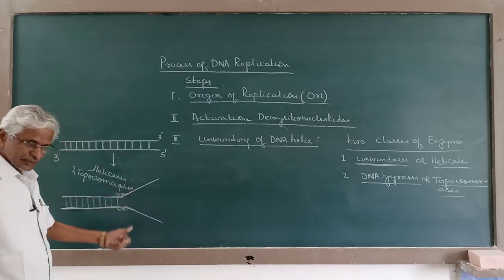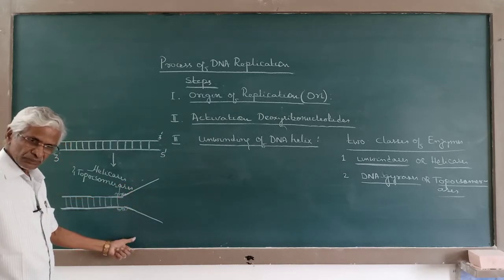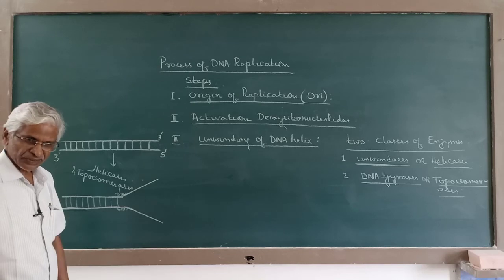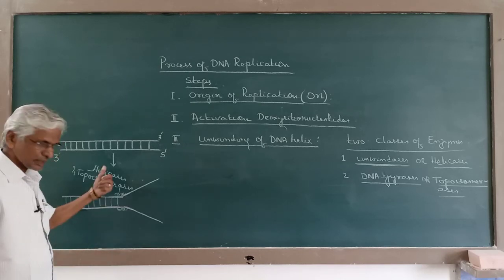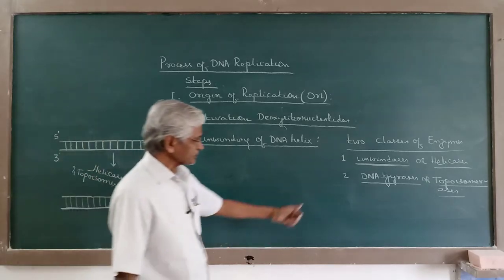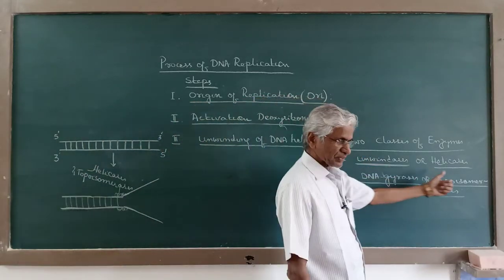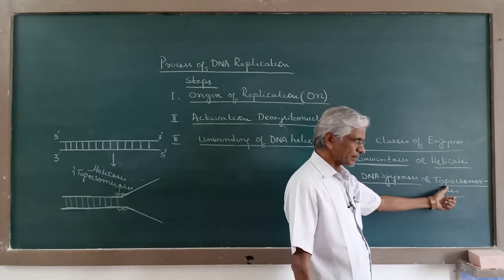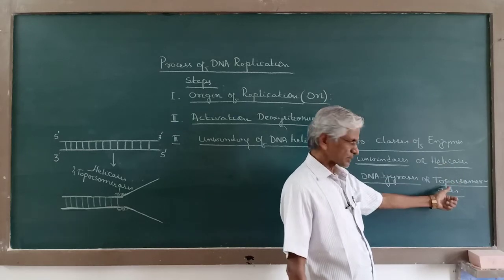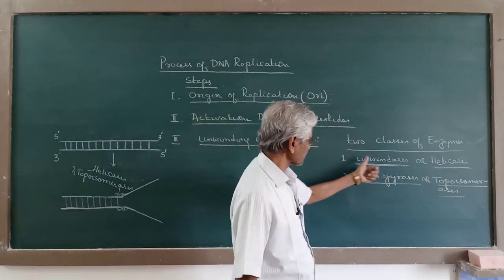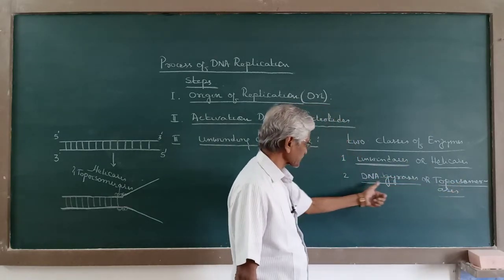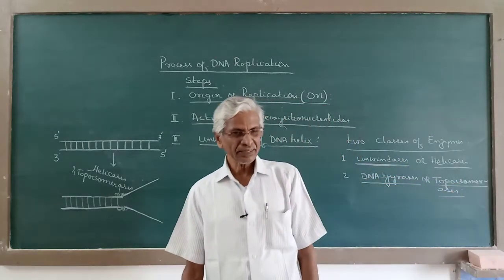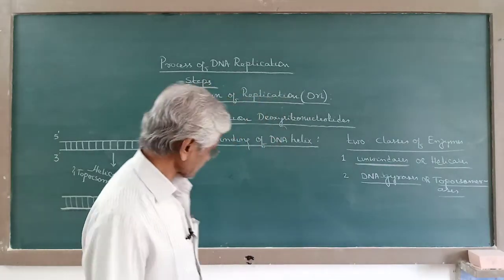And this is how the separation of the two strands before the commencement of replication takes place. This is being brought about by these two groups of enzymes, helicases and topoisomerases. Helicases are also called unwindases, and topoisomerases are also called DNA gyrases.